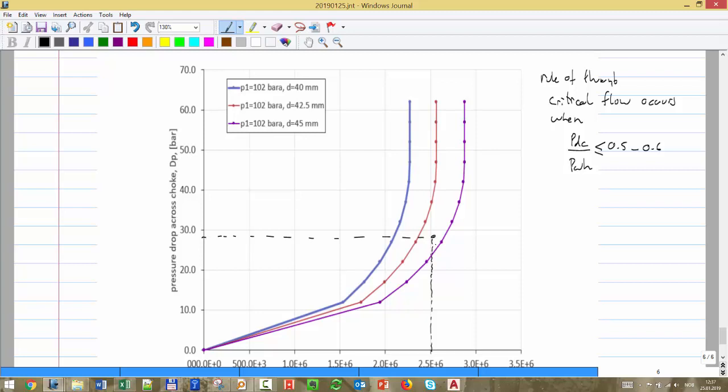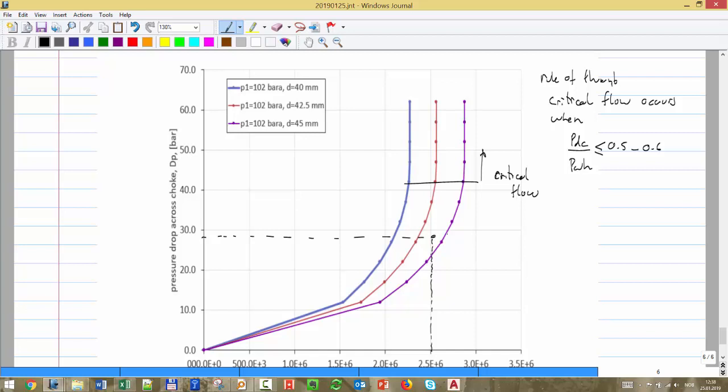From here up, I have a critical flow. Okay, therefore I'm in the subcritical regime and I need some opening between 45 and 42.5, slightly closer to 45.